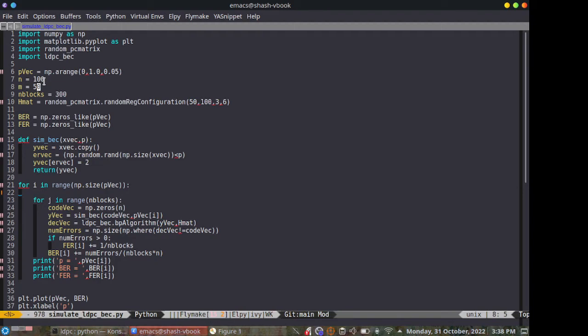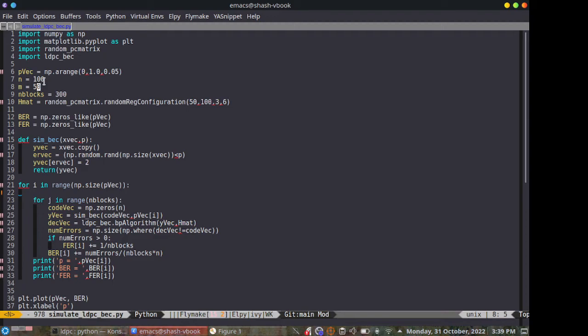So in that case, what should be the threshold erasure probability? So for what erasure probability is the capacity going to be equal to half? Half, right?